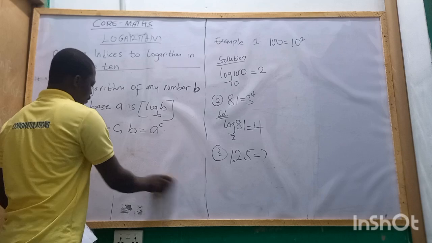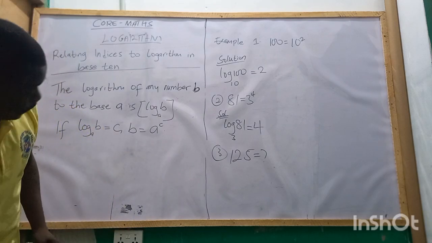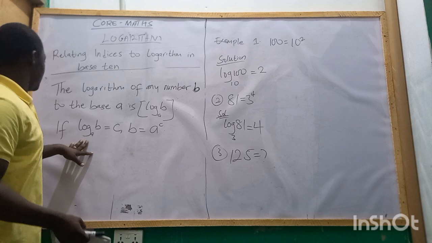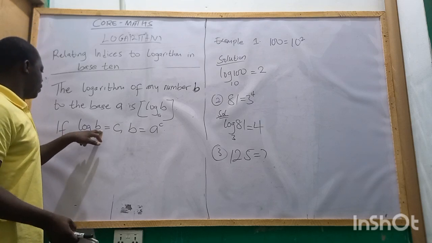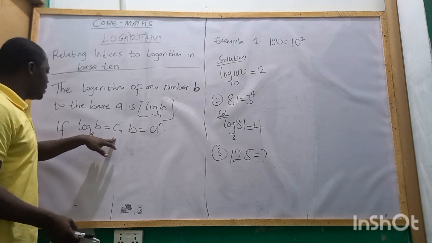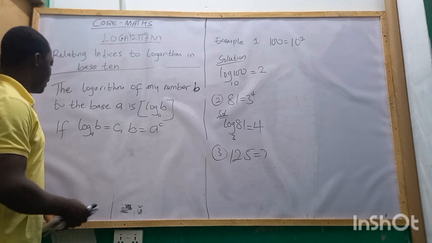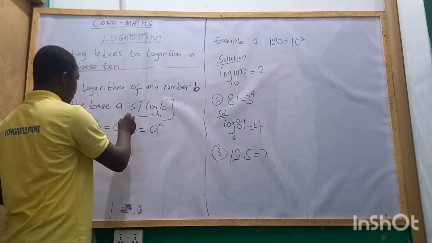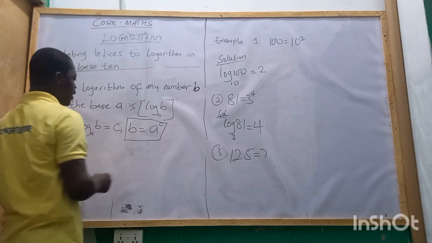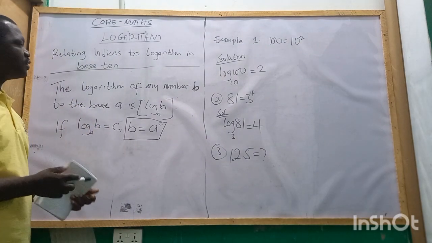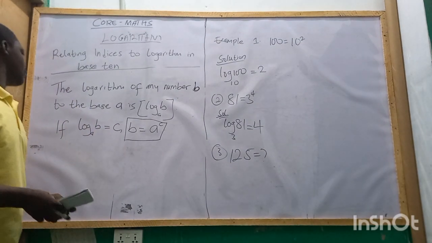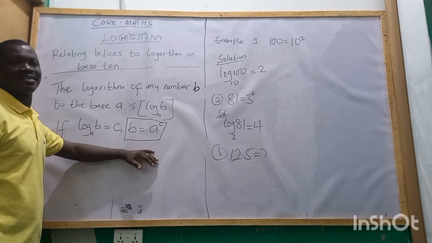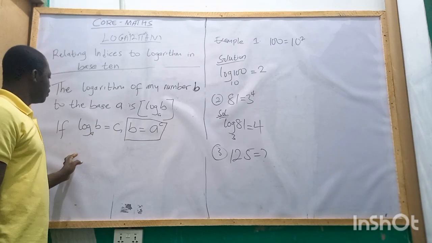Okay. So they said if log b to the base a is equal to c, then b will be equal to a exponent c. That is, if you want to convert logarithm to indices, that's what you do.